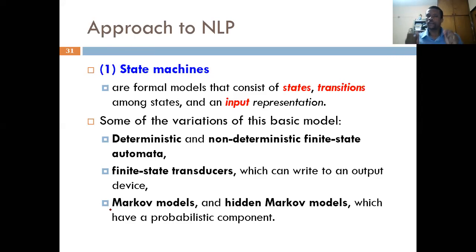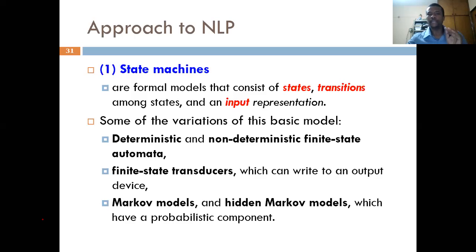But whenever you talk about a sequence, that sequence has its own rule, because things don't appear as they wish, right? If things appear as they wish, then it might feel odd, or it might not be understood by the receiver. So a state machine is one of the earliest approaches that we have.